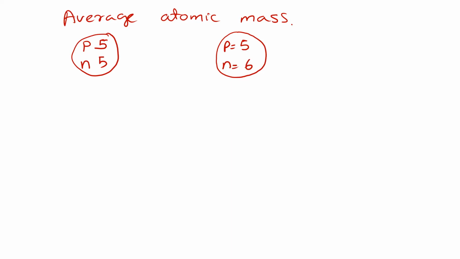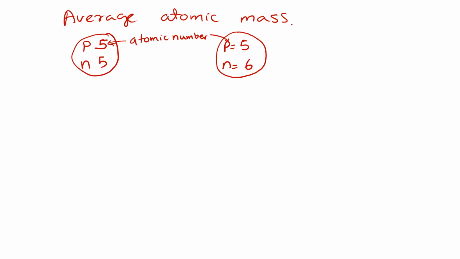So if the number of protons is 5, what does this mean? Number of protons tells you the atomic number. So you can see they both have the same atomic number.